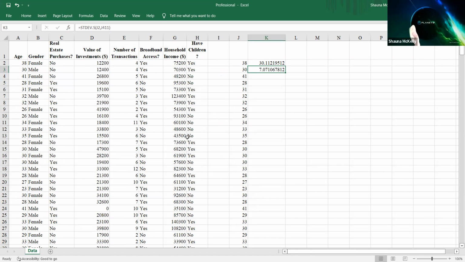And then you have, that's your standard deviation for your sample. Thank you, Shauna. And then your standard error.